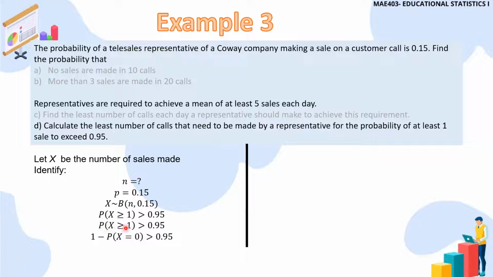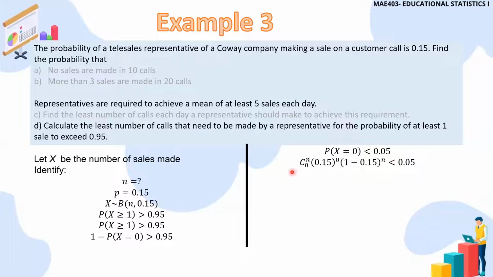Probability of X greater than or equal to 1 means 1 minus the probability of no sales to be made. So you transfer to the right hand side, you will get P(X equal to 0) less than 0.05. This is because 1 minus 0.95 is equal to 0.05.